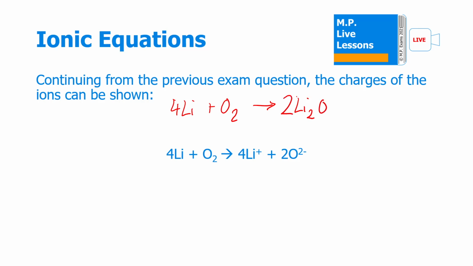Now I have to balance it because oxygen always exists as 2 atoms in a molecule. Now, what we can see is, as we knew, that when they combined together, they reacted, they formed ions. As we see, the lithium atom becomes a lithium ion, and the oxygen atom becomes an oxygen ion. So this is an ionic equation showing the charges.